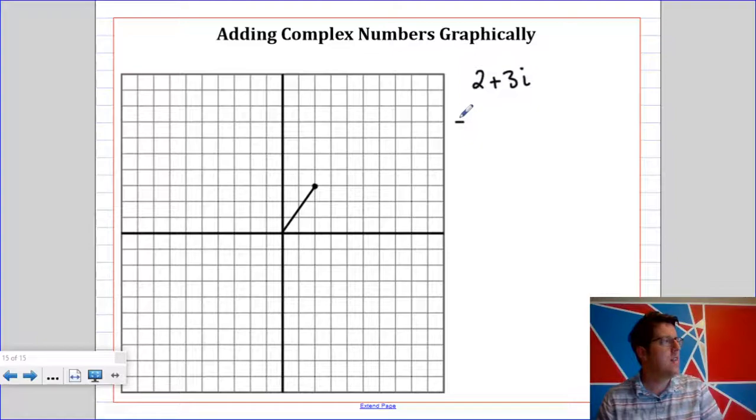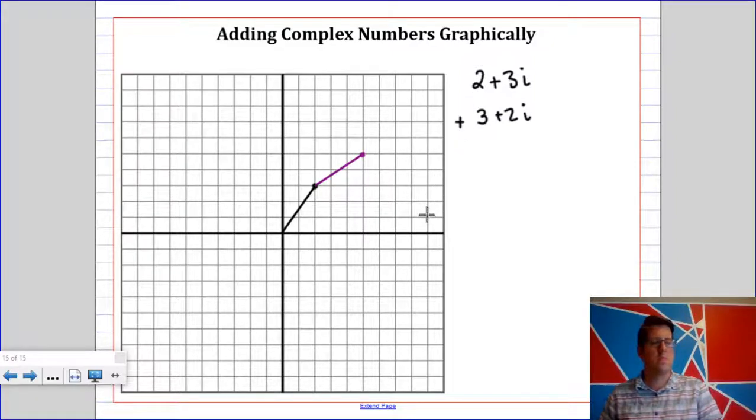So if I want to add, say, 3 plus 2i, I would instead start from this position and displace by 3 units towards the real and 2 units towards the imaginary. So that's where I would end up. And then my total sum would be that point's displacement from the origin. In this case, that would be 5 plus 5i.